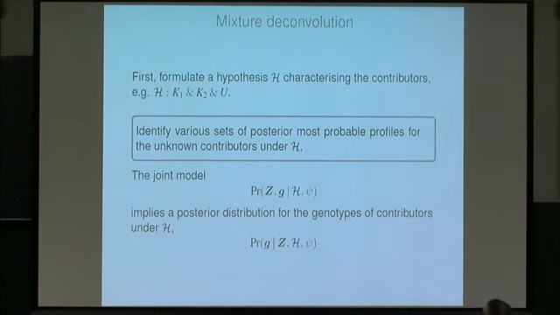And for deconvolution, that Roberto was also talking about, if we have a joint model for the peaks and the genotypes, we in particular have a posterior distribution of the genotypes given the data that we've seen, and we can look at the posterior most likely sets of genotypes and go about doing deconvolution in that way.